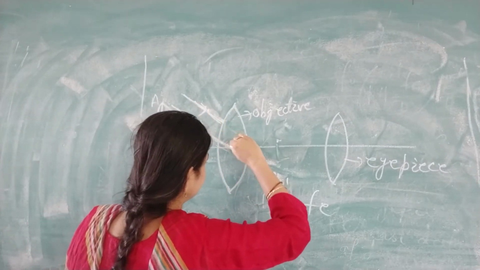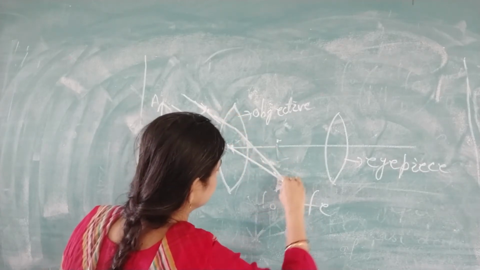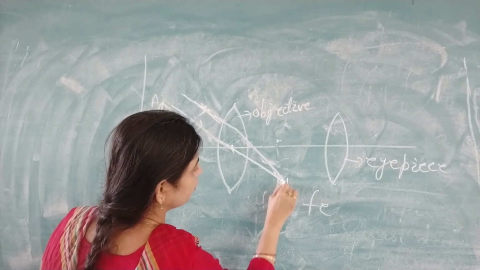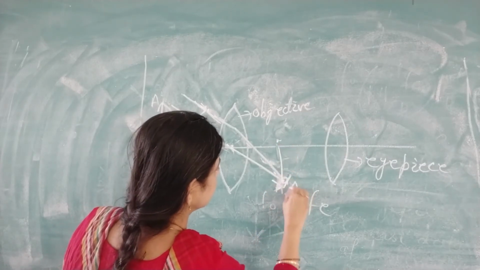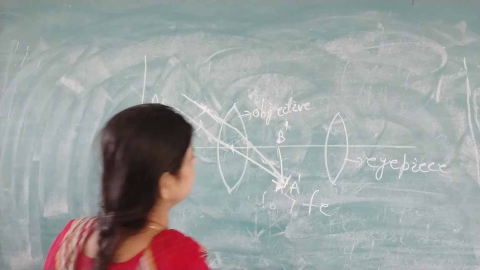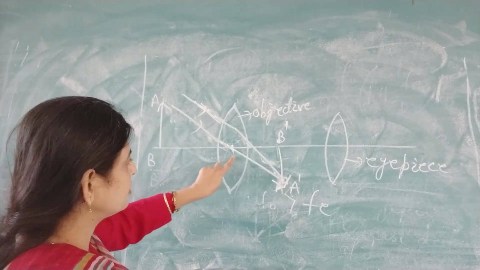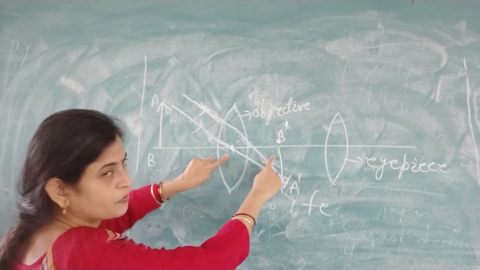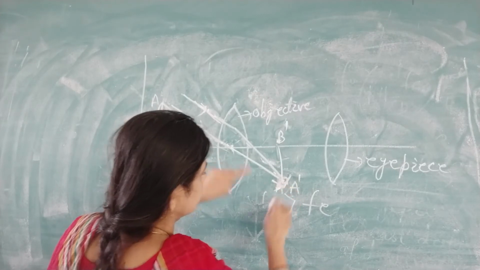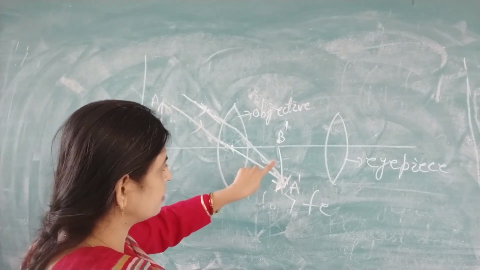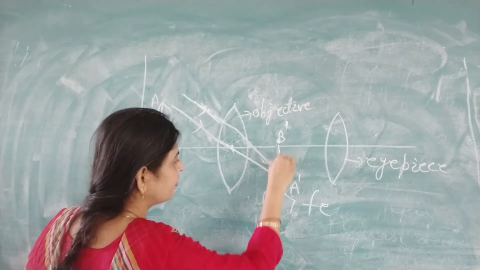Now, mark the refracted rays. At this point, A dash B dash, the image for the objective is formed. Now, this image is real and inverted and magnified also.